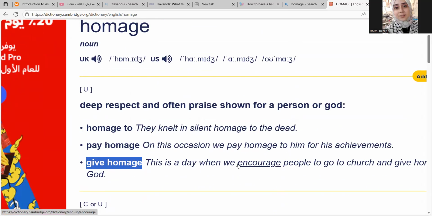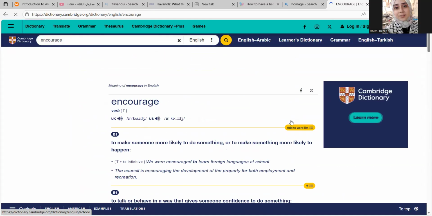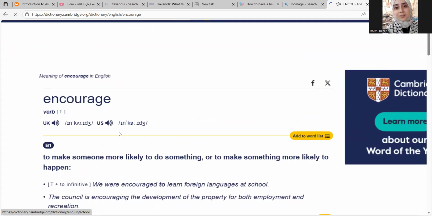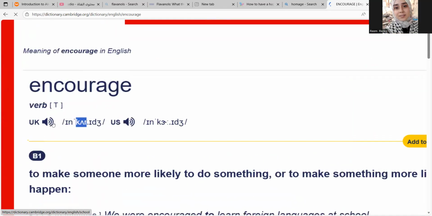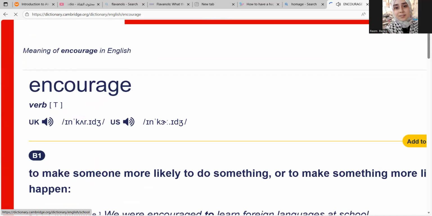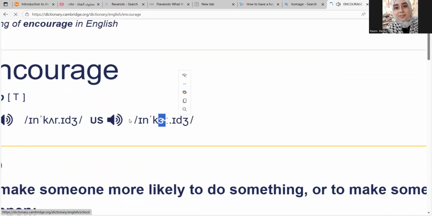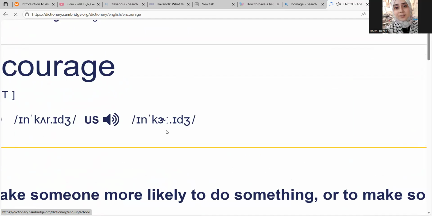This is a day when we encourage people. You can pronounce encourage in different ways. Let's see, encourage in UK, like bird, or like carriage. Encourage.